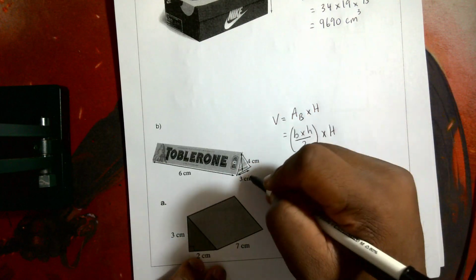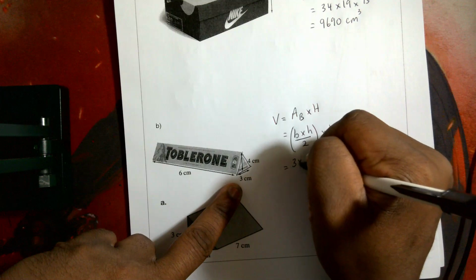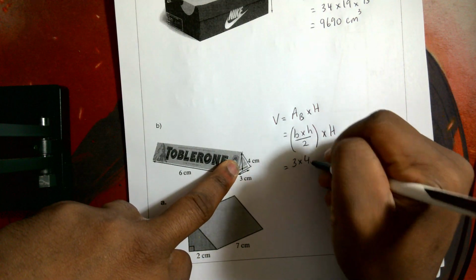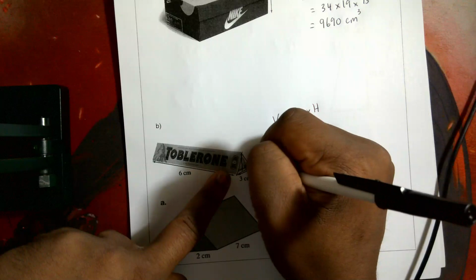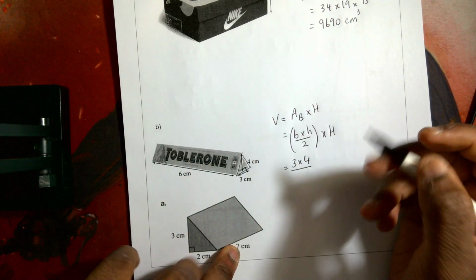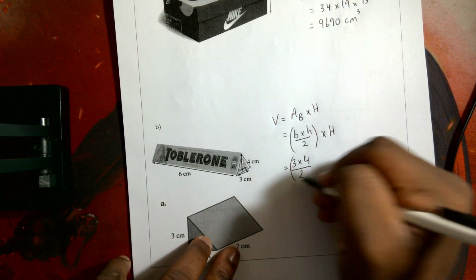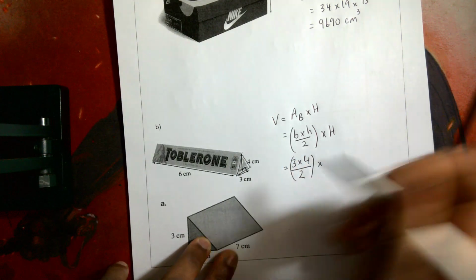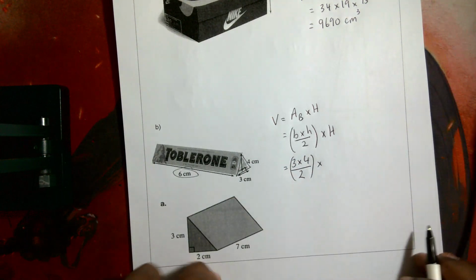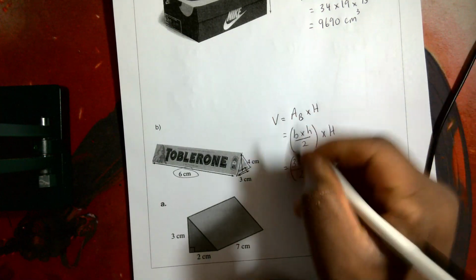So the base of our first triangle is 3, the height of the triangle, the one at a right angle there, is 4. We're going to divide that by 2 and multiply by the height of the shape, which is 6.